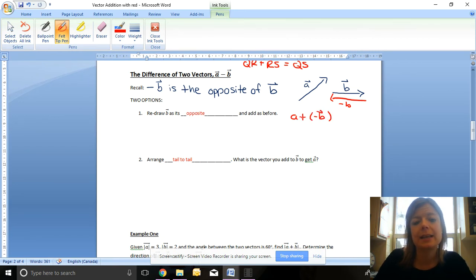Because that's the same as A subtract B. So in this case, you would have your A and then your negative B. Sorry, that's supposed to be horizontal. And then your resultant vector would be here.